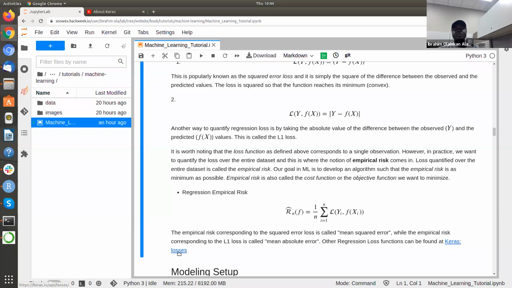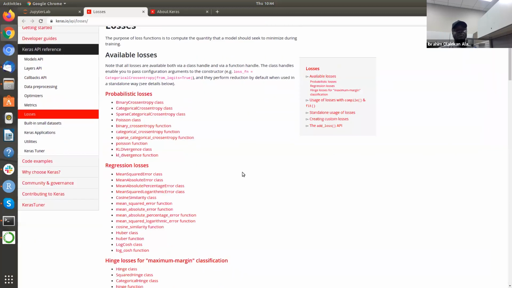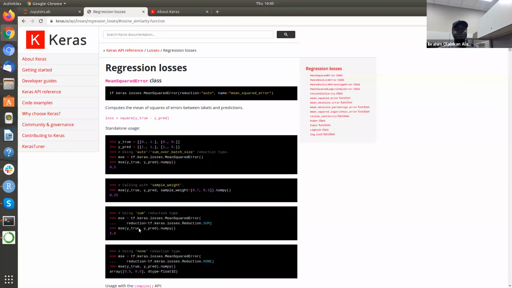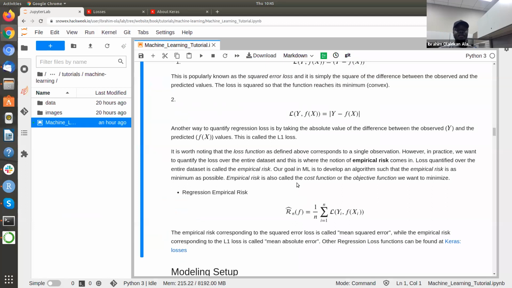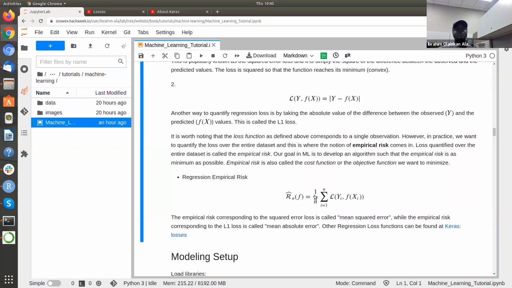You could find more losses here. There are many losses you can use in regression, like the mean squared error and the mean absolute error. We can always choose the one we want to use in minimizing.